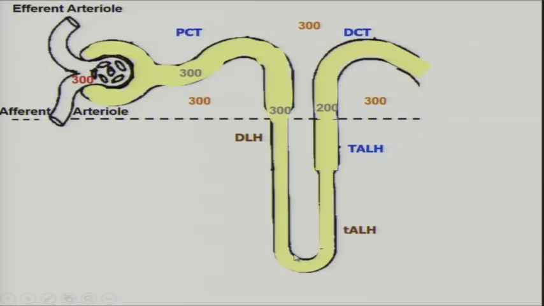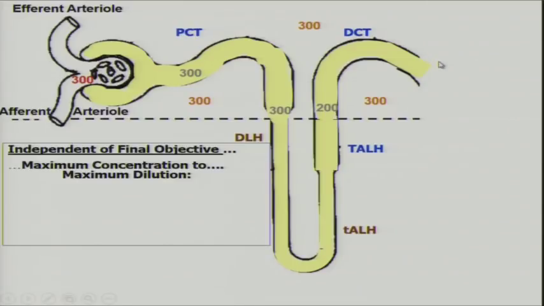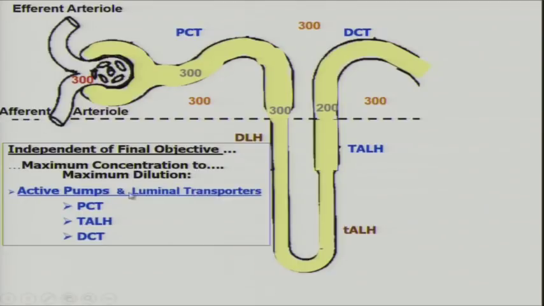So looking at the nephron up to this point, what happens is independent of what the kidney's trying to do, whether you're trying to concentrate your urine maximally or dilute the urine maximally. You have to have these active pumps and the luminal co-transporters in the proximal tubule, the thick ascending limb, and the distal convoluted tubule.